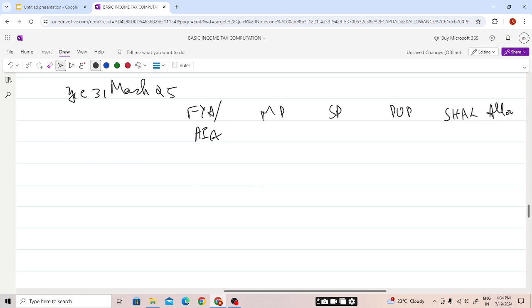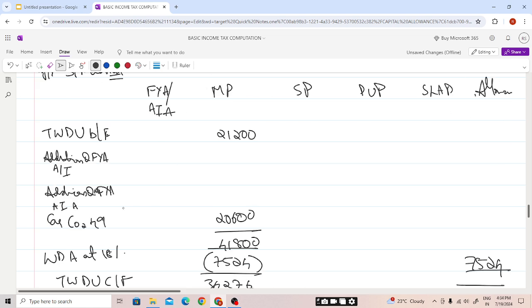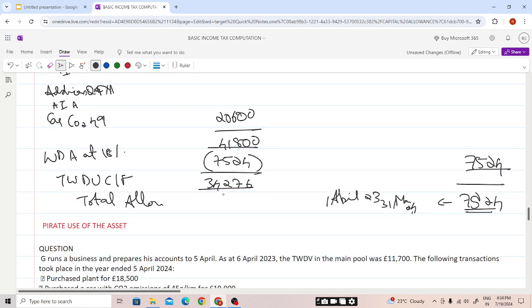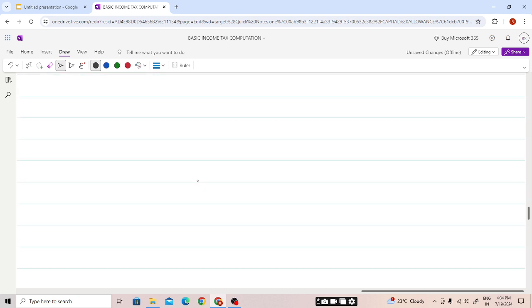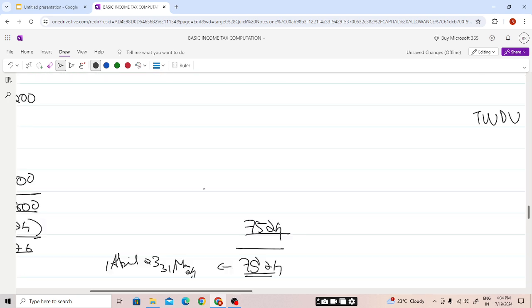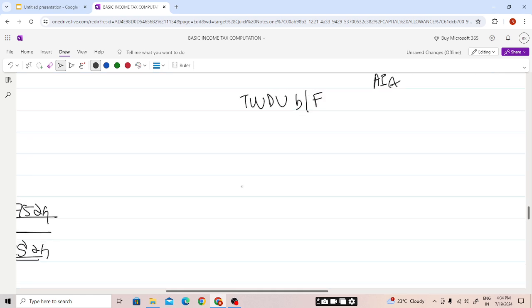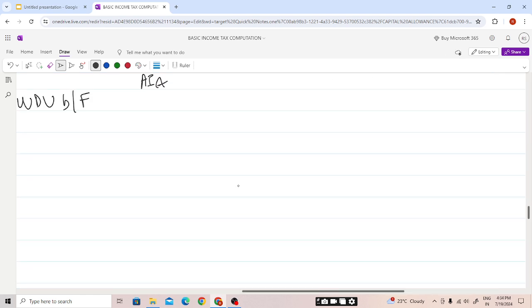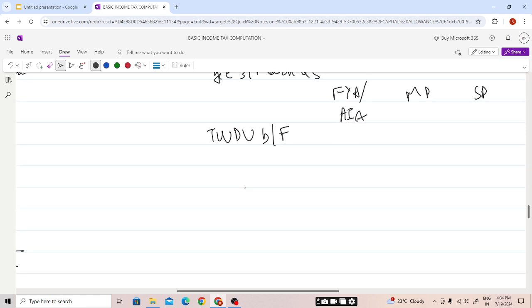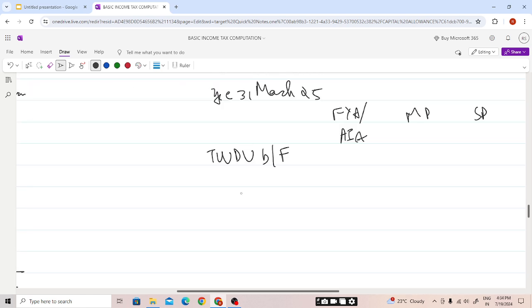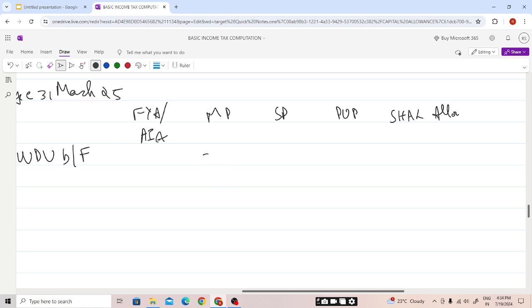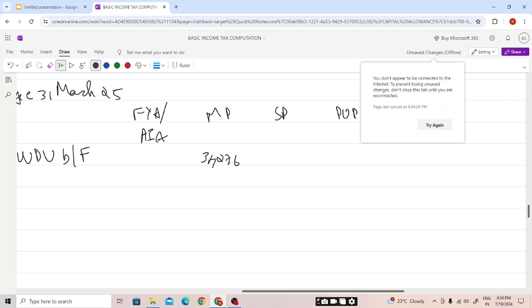Now students, the tax written down value brought forward will be last year's closing balance. Carry forward was 34,276. Any addition students? Please do remember we had purchased a plant.